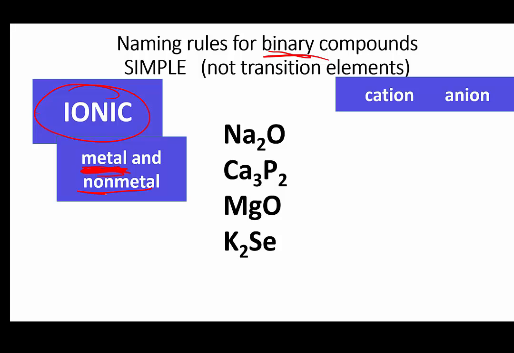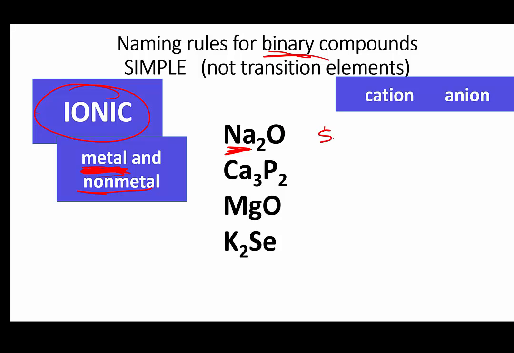You just have to look back at that periodic table and ask, is this first element on the left-hand side of the periodic table, the left-hand 2/3 of the periodic table? If it is, this becomes easy. In fact, it's so easy that all we have to do is write the name of the cation and the name of the anion. It's really just that simple.